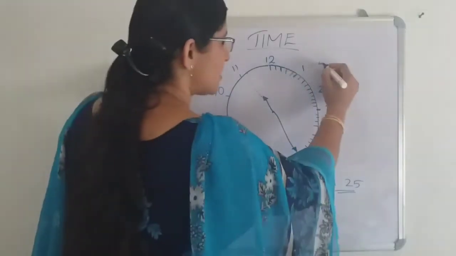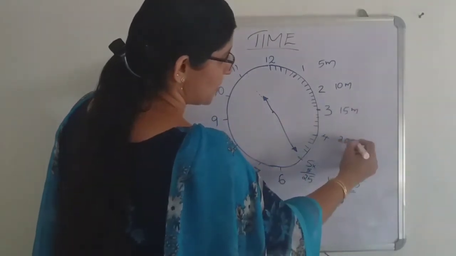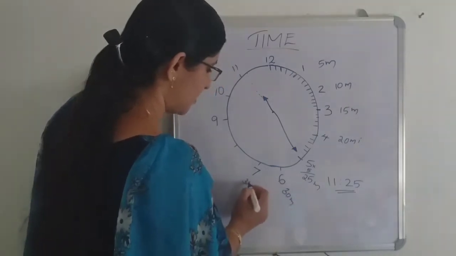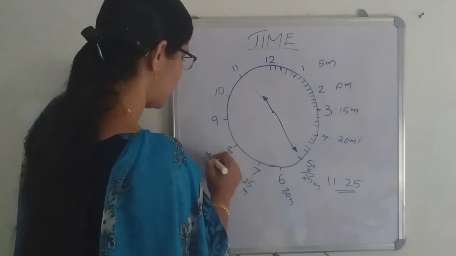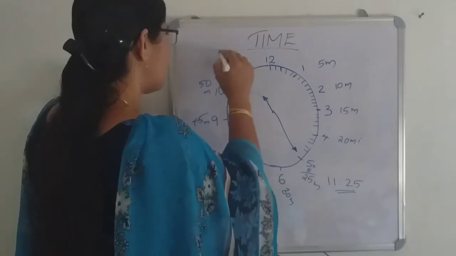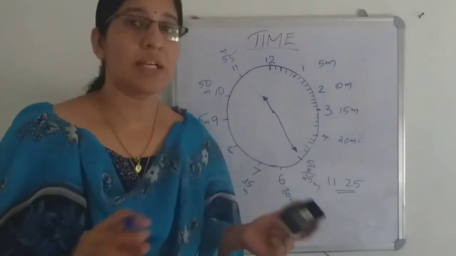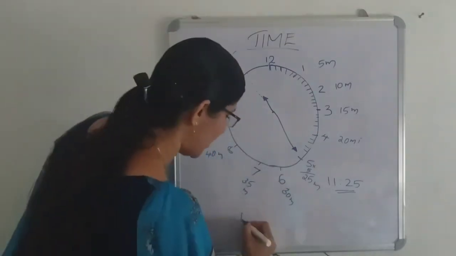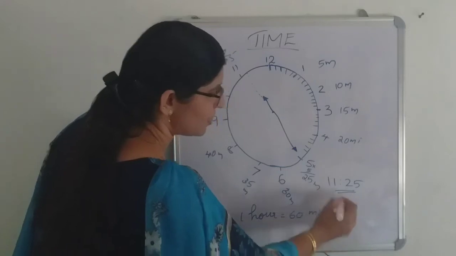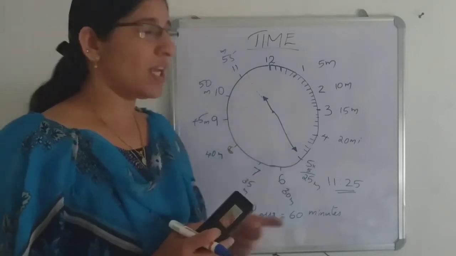So it is 5 minutes, 10 minutes, 15 minutes, 20 minutes, 25 minutes, 30 minutes, 35 minutes, 40 minutes, 45 minutes, 50 minutes, 55 minutes. Whenever 60 minutes has come, that is equal to 1 hour. So 1 hour is equal to 60 minutes. That's why the teacher is multiplying by 5. Easily we can do it by multiplying by 5.